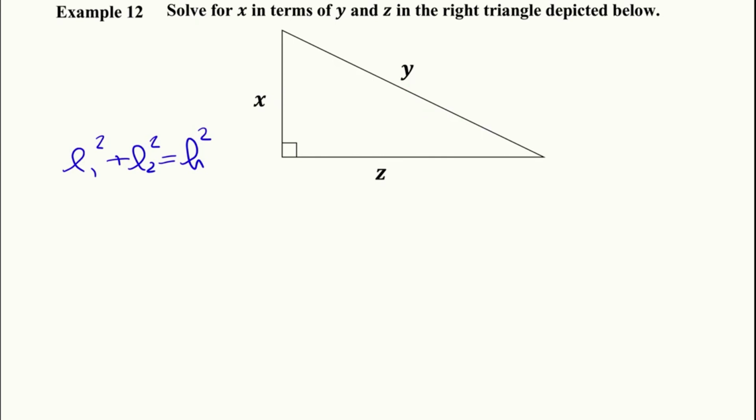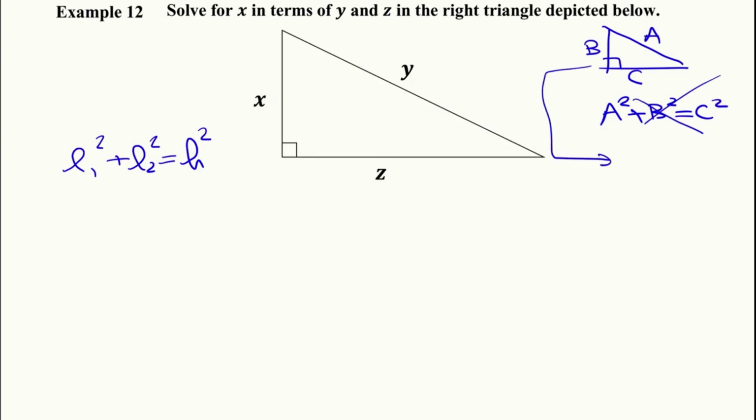That's the format which I recommend, because with A, B, and C one can get in trouble. If you get too attached to those letters and somebody shows you this right triangle and you try to say a squared plus b squared equals c squared, this would of course be wrong, because the correct equation here would be b squared plus c squared equals a squared.